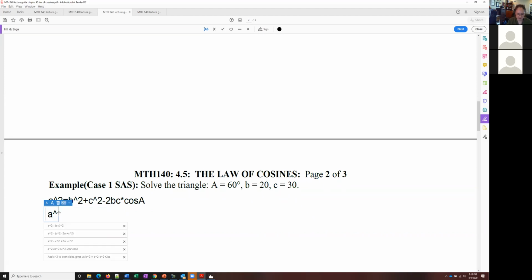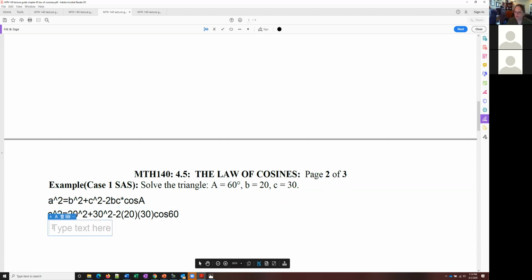So that gives me a squared equals 20 squared plus 30 squared minus 2 times 20 times 30 times the cosine of 60 degrees.